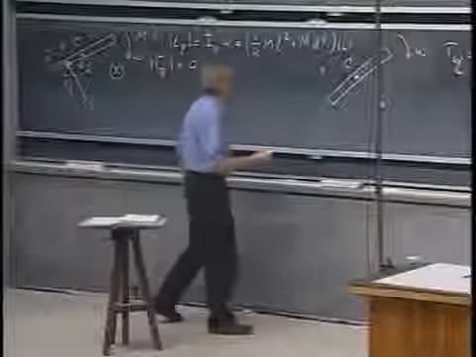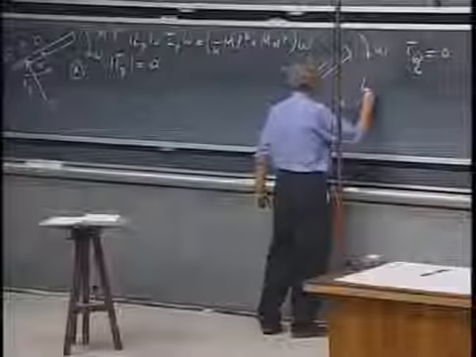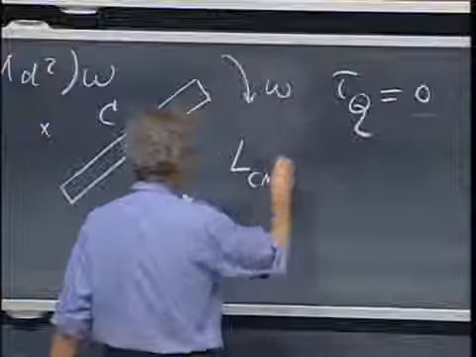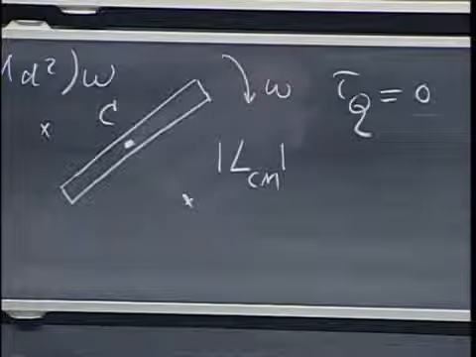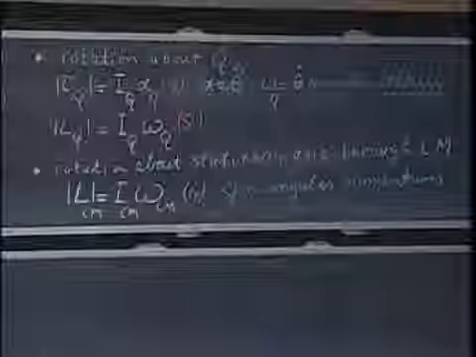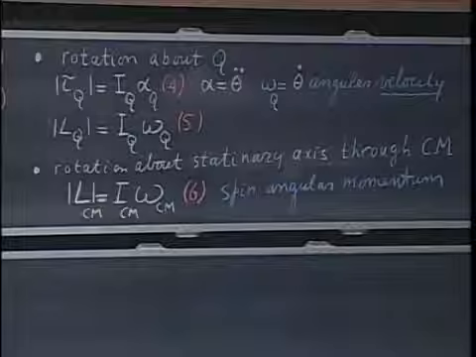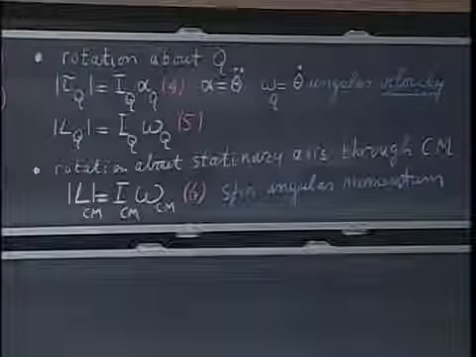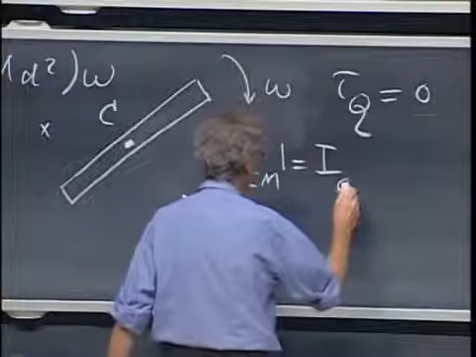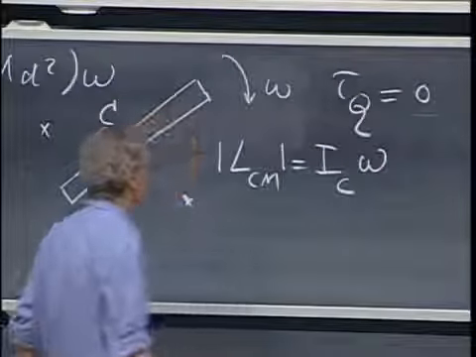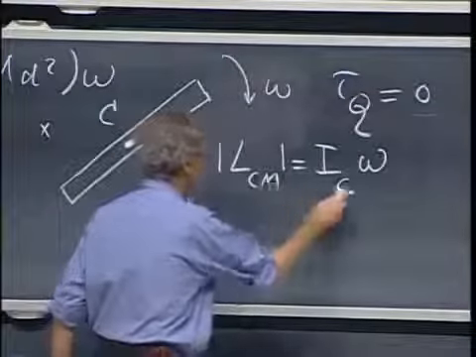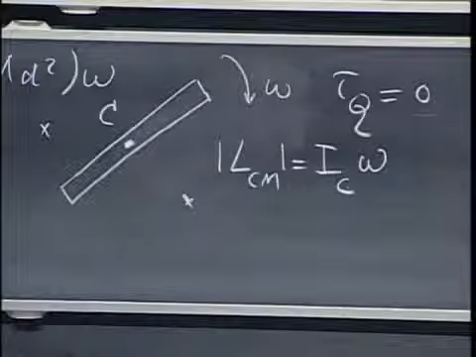And if you want to know how large it is, well, the magnitude of the angular momentum I calculated about C, which is the center of mass, is simply equation number 6, the moment of inertia about that point C times omega about the center of mass. So C, M, center of mass, and C are the same point.